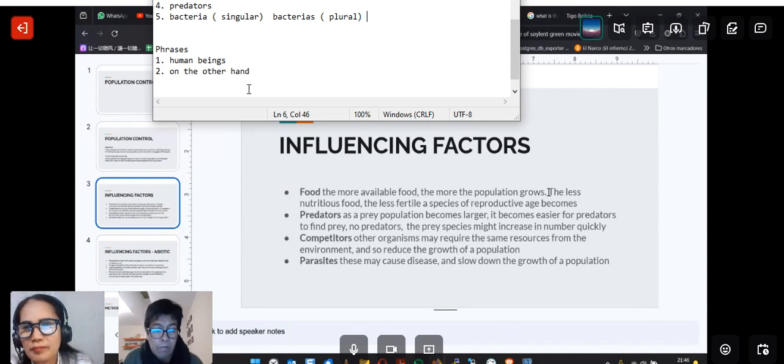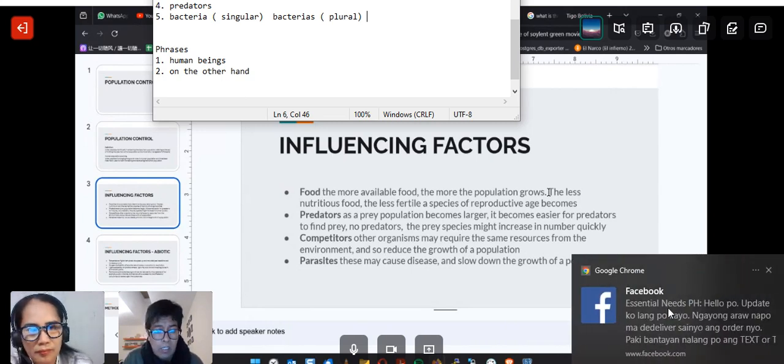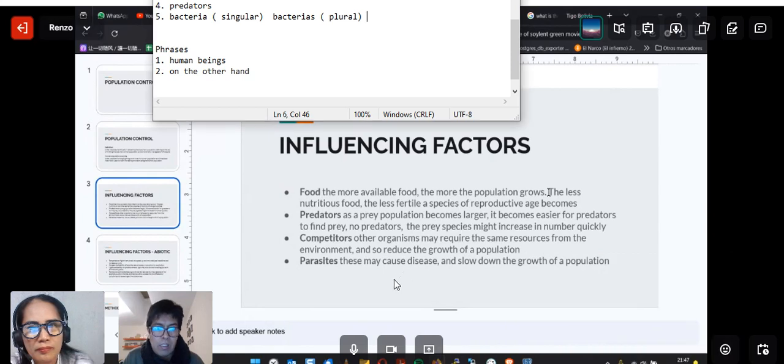And from these four factors, I guess food and parasites or disease are nearly the only two that affect human beings.